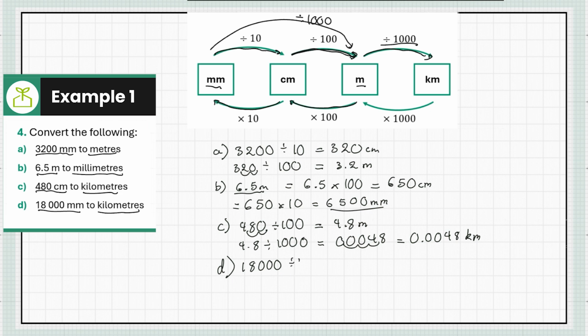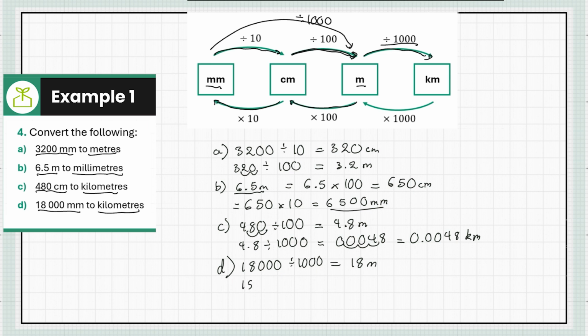So let's divide it by 1,000. 18,000 divided by 1,000 is how many times is 1,000 going into 18,000? Well, it goes in 18 times. So this is in fact 18 meters.